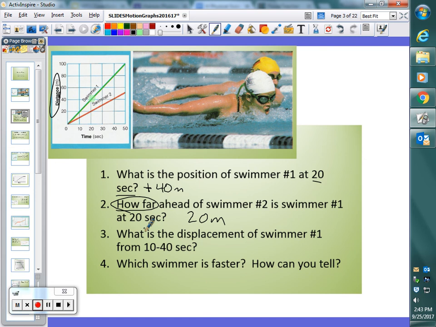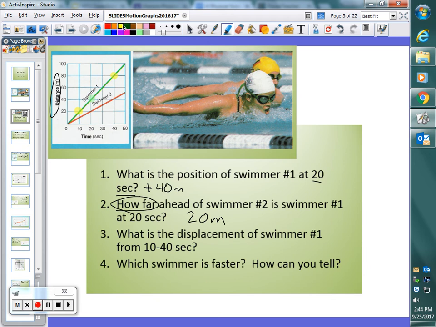All right, what is the displacement of swimmer 1 from 10 seconds to 40 seconds? Displacement, right? We need to know two things. What are the two things we need to know? Starting and ending, right? So in this case here, the starting point is here and the ending point is there, right? 10 to 40, okay?